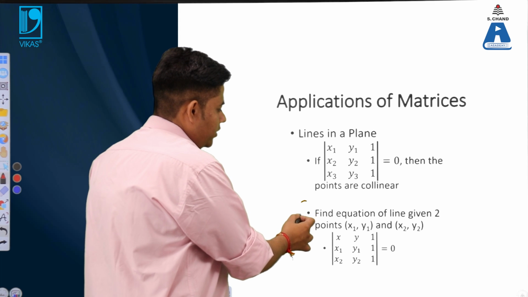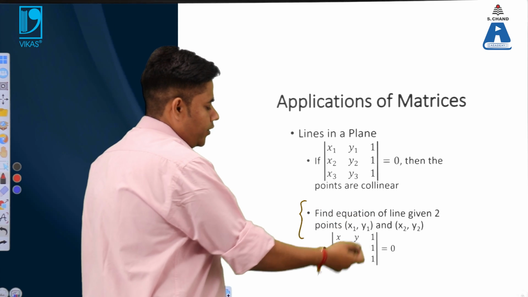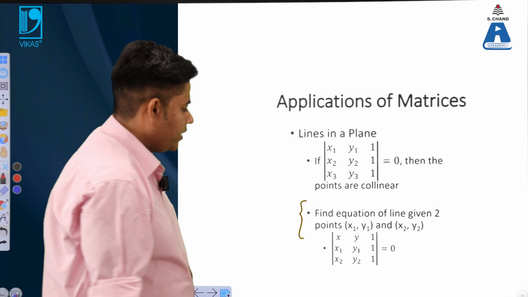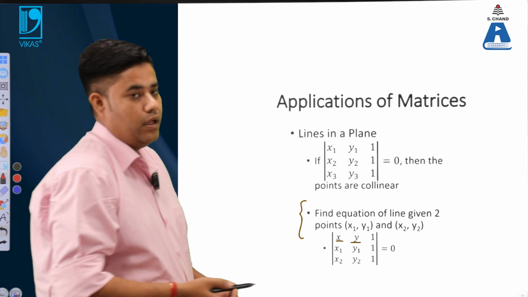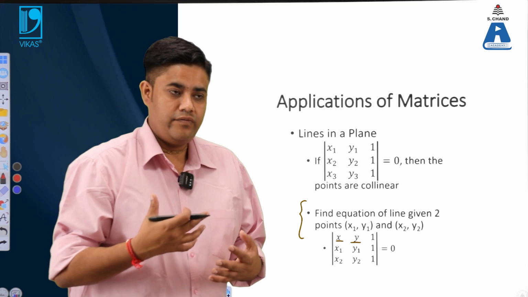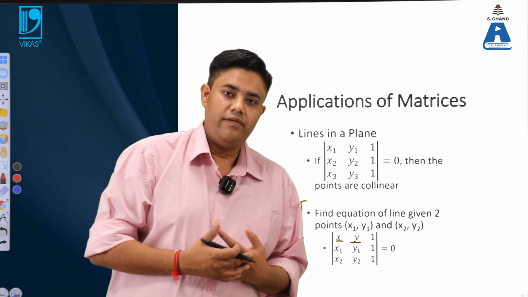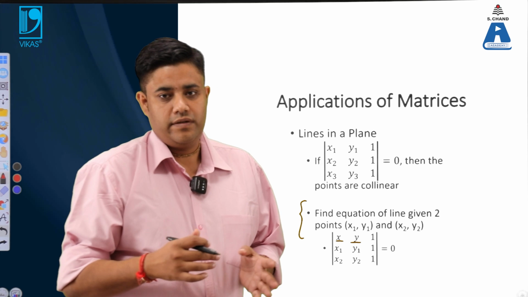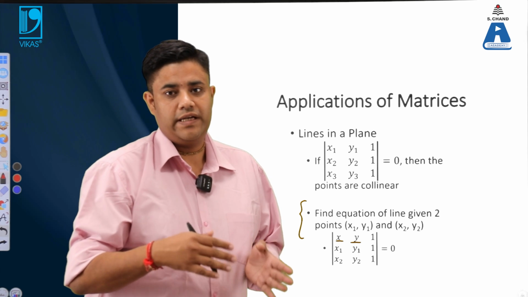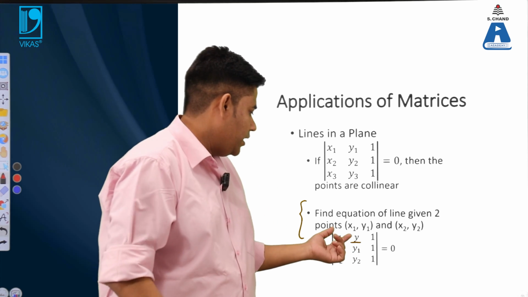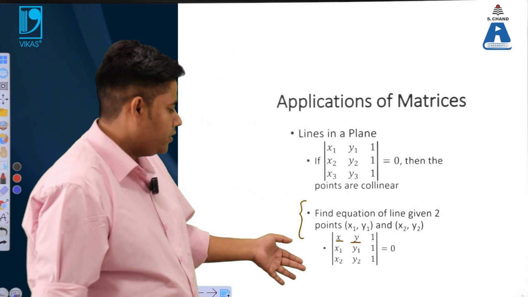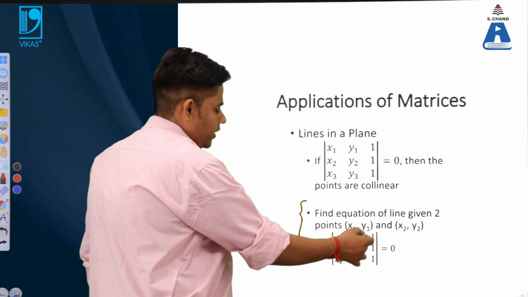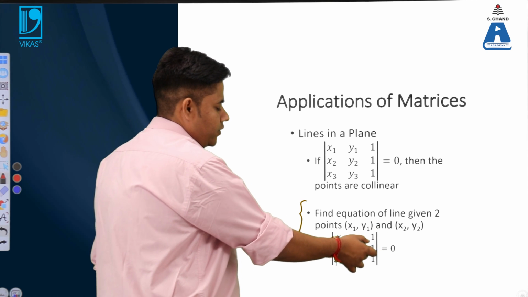Additionally, if we want to find out the equation of a line given 2 points, then also we can write it like this: x and y are those variables in terms of which we want an equation. So for that, we will write x and y and then 1, and for the next two rows, we will write x1, y1 and 1, x2, y2 and 1.